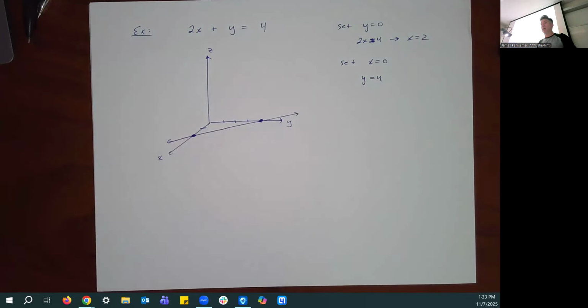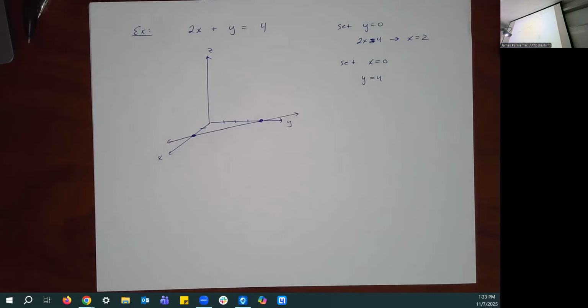So that means that z is allowed to be anything, so that we can extend this line upwards and downwards. It's kind of like if you had a line and then you decided to extend it downwards to make it into a plane, and upwards as well.